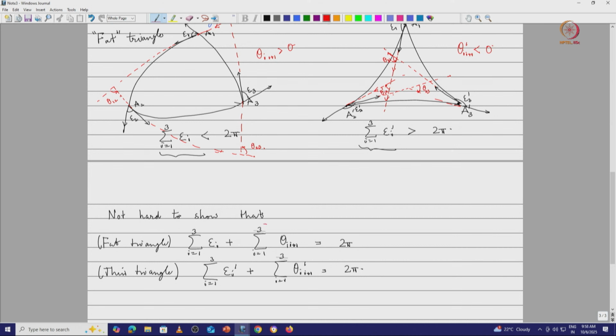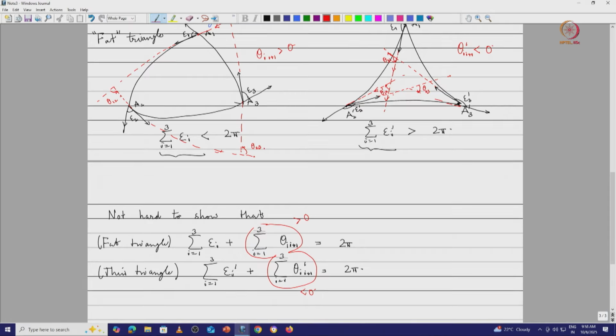And the point is, our convention forces this to be a positive term and this to be a negative term. So this explains our earlier observation that for the fat triangle, if you add up the external angles, then the sum of angles is actually less than 2 pi. On the other hand, for a thin triangle, the sum of angles is actually bigger than 2 pi, right.